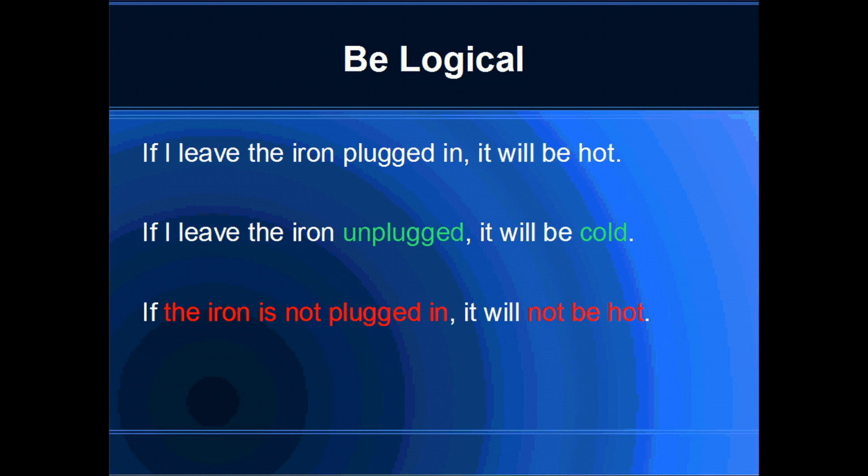But saying it will not be hot is not the same as saying it will be cold, because it could be warm. That's how, by making terms either contrary or contradictory, you make yourself aware of other possibilities. And it's important that you negate both the terms in the antecedent and the consequent, rather than just one or the other.